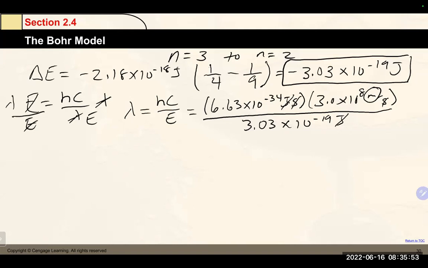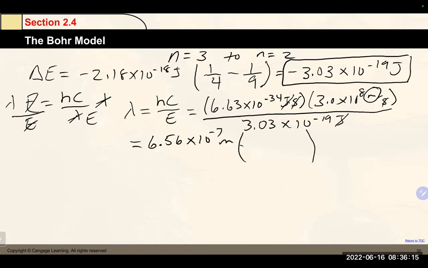I guess I need a calculator for that. 6.63 times 10 to the minus 34 times 3 times 10 to the 8, divided by 3.03 times 10 to the minus 19, is going to yield a wavelength of 6.56 times 10 to the minus 7 meters.